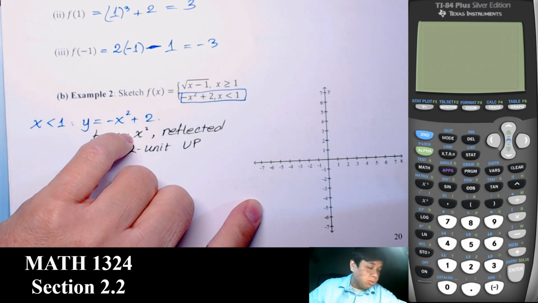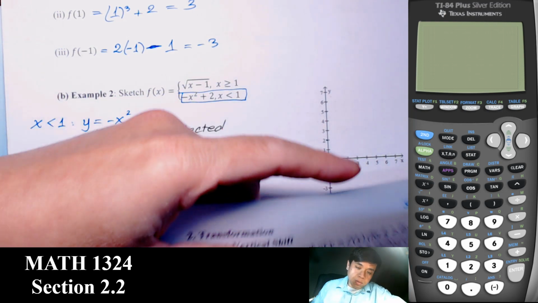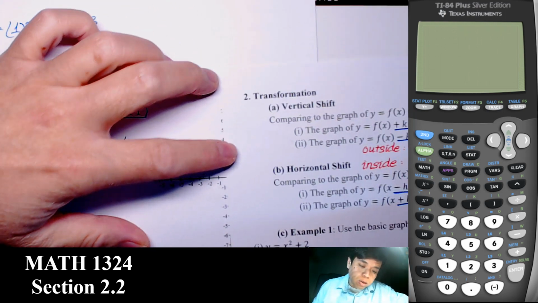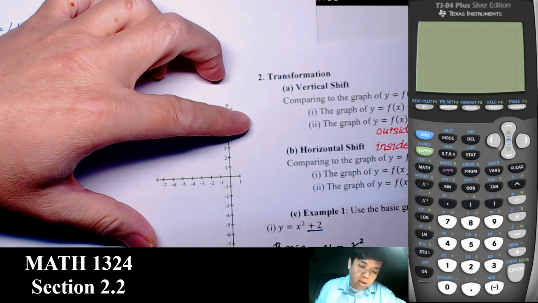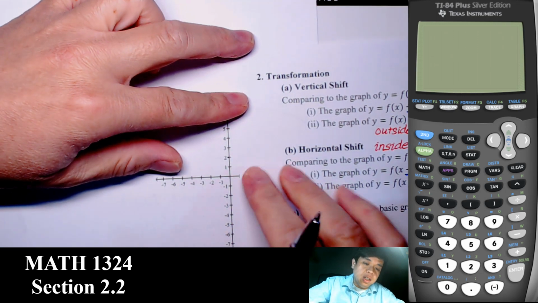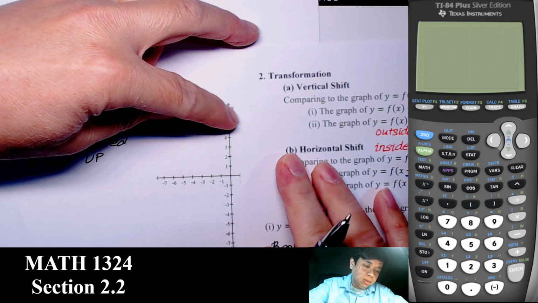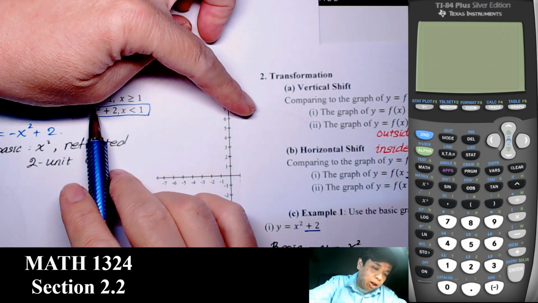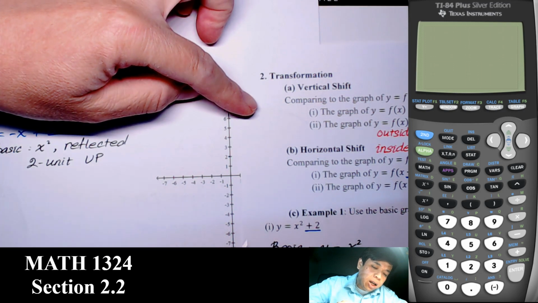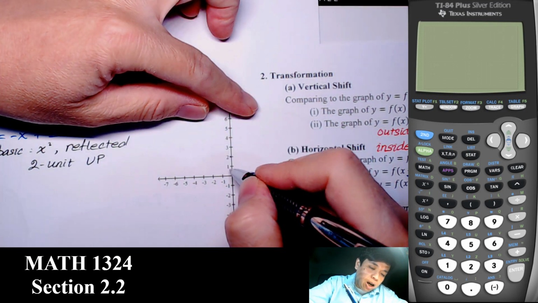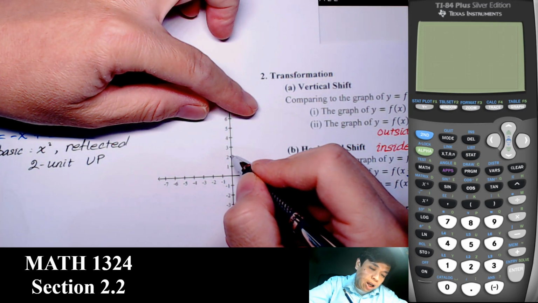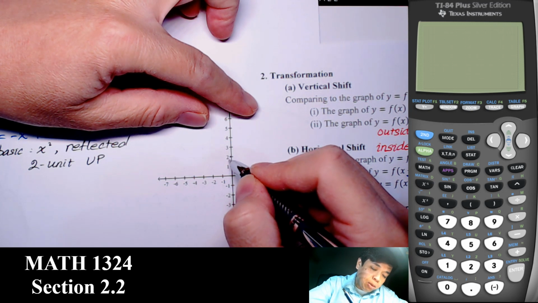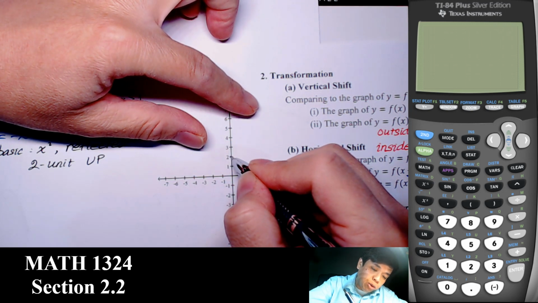So this is 1. Less than 1 will be on this left. And we're going to graph negative x squared. So go up 2 units and then reflect down, so go upside down, then up 2 units.